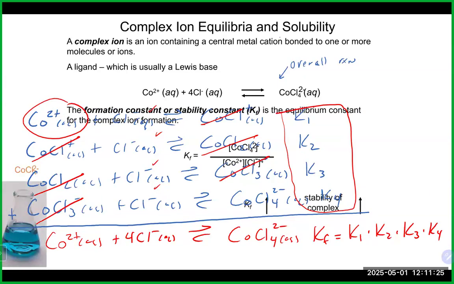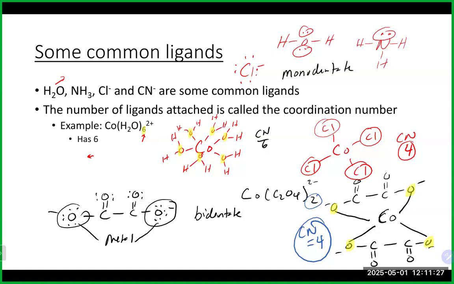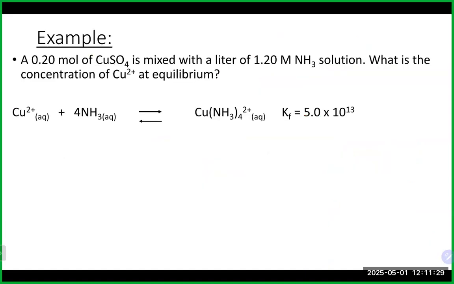All right. So let's take a look at one together to talk about the special things that we do when we're dealing with these types of calculations. There are a few things that we do because it is a large value of K and because a complex ion is being formed.